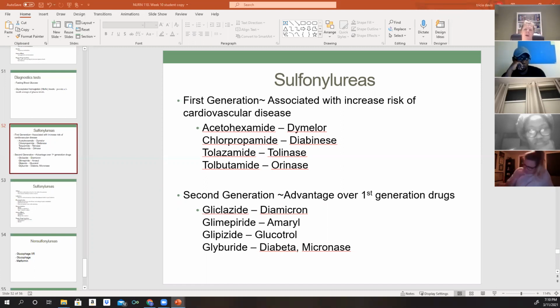They also have a couple other advantages. They are excreted in the urine and the bile, so that makes it safer for patients that suffer with renal dysfunction. Renal dysfunction and diabetes go hand in hand. We're going to talk about that more next semester, but all that glucose going through the blood causes your blood volume to thicken.